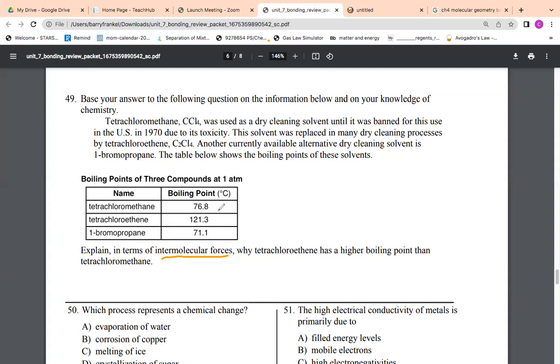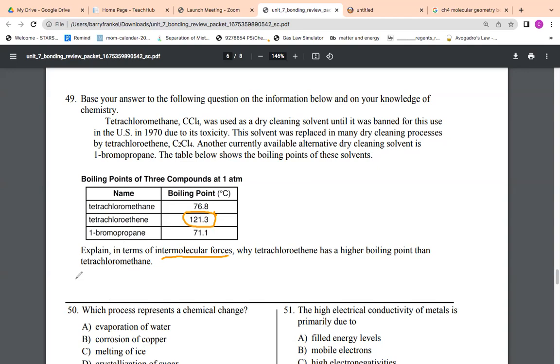So tetrachloroethene has a much higher boiling point. It has a higher boiling point because the forces that are keeping those molecules together are very strong. It takes a lot of heat to break them up and get them to boil and turn into the gas phase. So things that have higher boiling points, higher melting points, typically have stronger intermolecular forces.